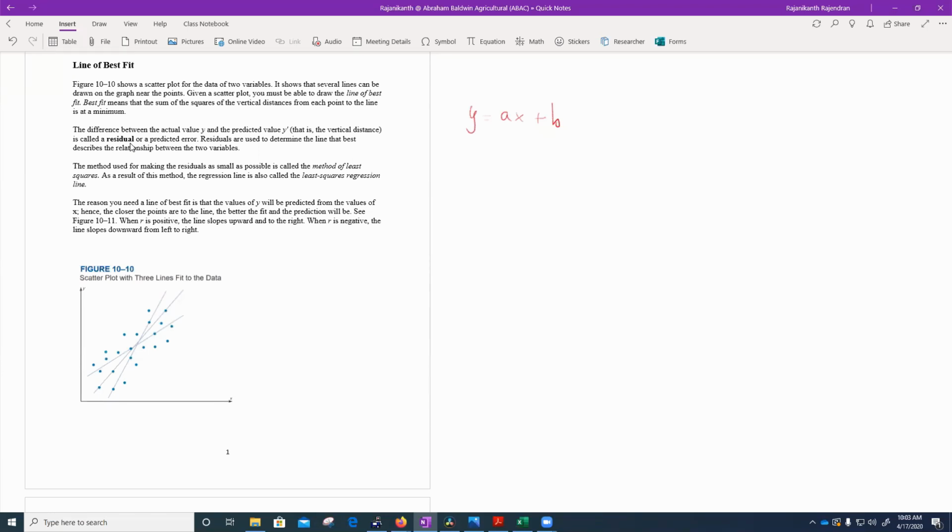Remember, you'll be given data points x and y, and based on them we are going to find out the equation of the line. The best fitting line, let me call it y prime. The y prime is the value we are predicting based on the given x and y. So this y prime is called the predicted value.